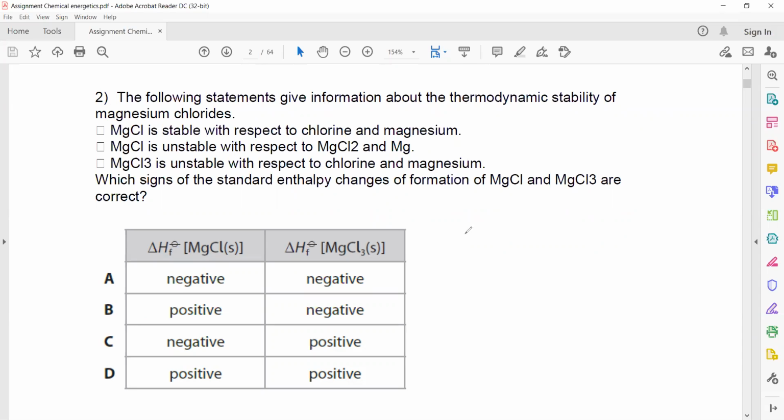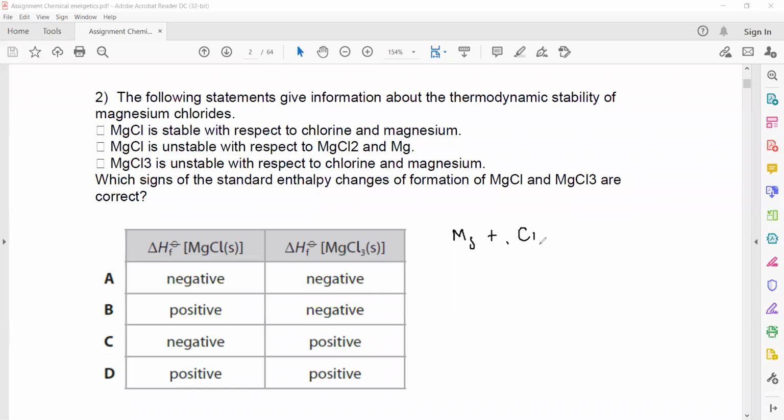Means when we say it has a higher stability, it will have a lower energy, or the product is having a lower energy. Yes, that's right. C is the right answer.